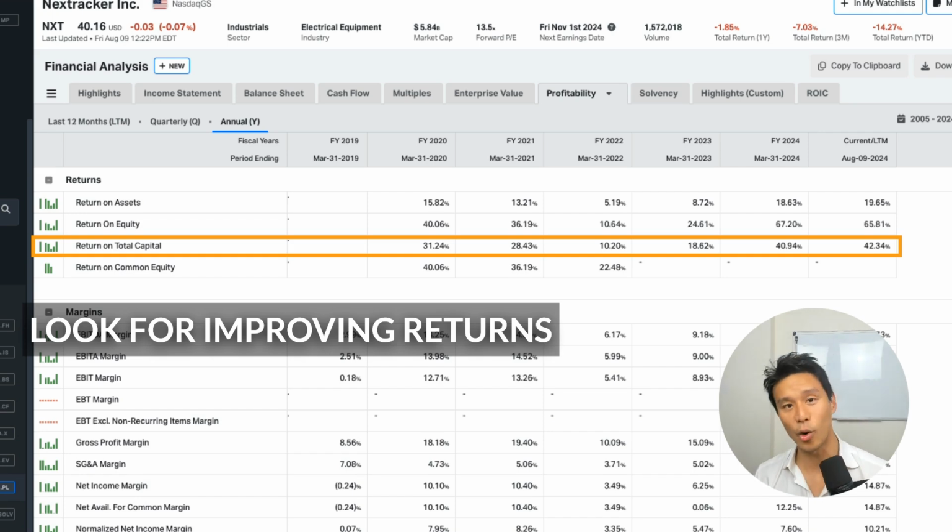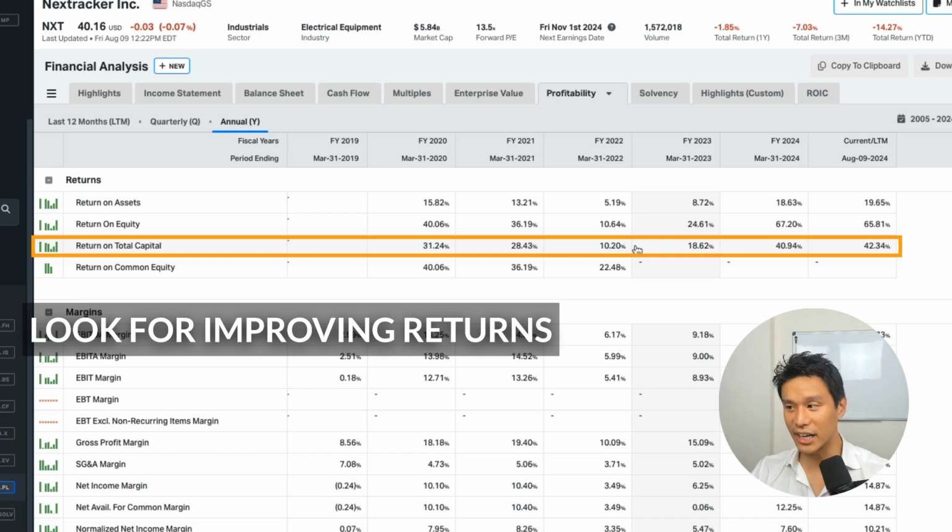So what I'm really looking for is a positive trend. I want to see, hopefully, signs that there is an upward trend in the return on total capital, because I'm focused on the returns the company will make in the future based on the capital being used today. So when it's trending upwards, that means that it's starting to see higher returns on the new profits, right?